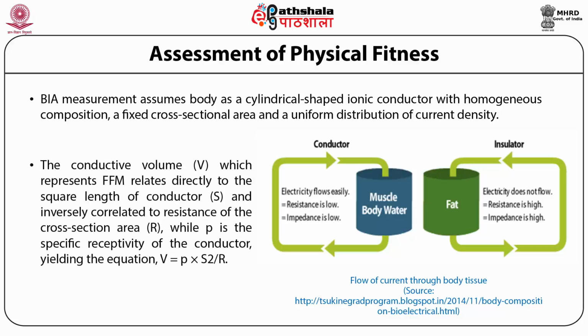The conductive volume V, which represents the fat-free mass, relates directly to the square of the length of the conductor S and inversely to the resistance R of the cross-sectional area, while P is the specific resistivity of the conductor, yielding the equation V equals P multiplied by S squared divided by R.